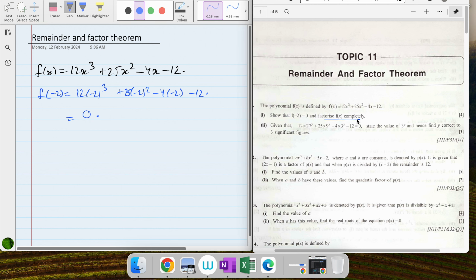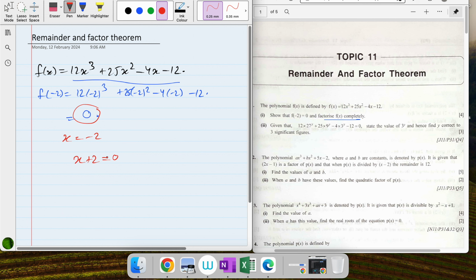And when it says factorize it completely, we have to solve for the polynomial again and use long division method, first of which is to do it by hit and trial. So in this case we already know that when x is equal to minus 2, it is a factor because it leaves a remainder of 0. So the factor should be x plus 2 equals 0.